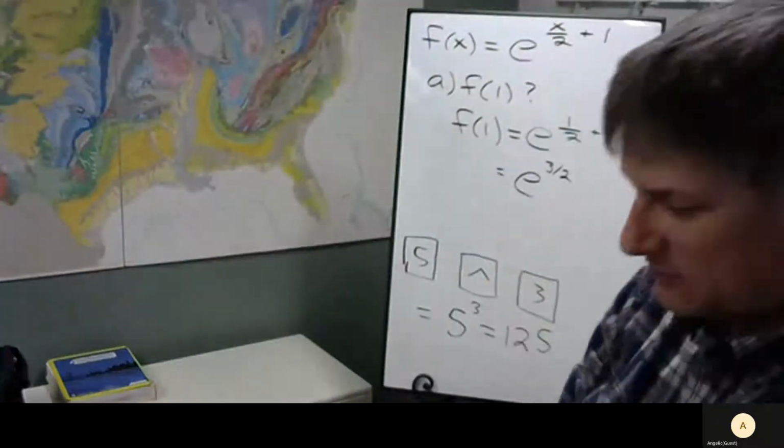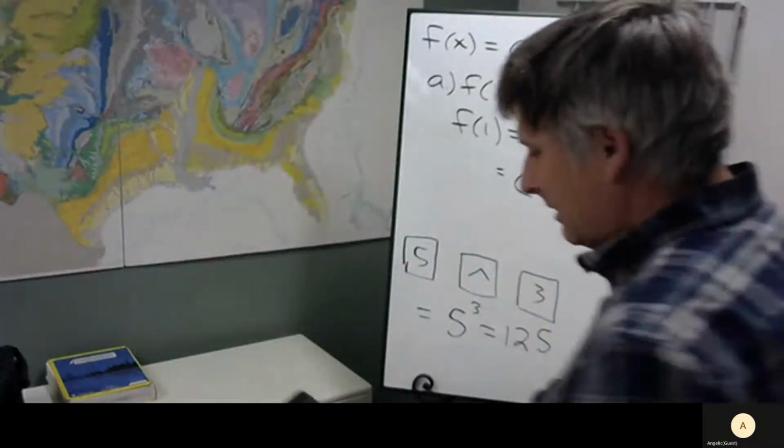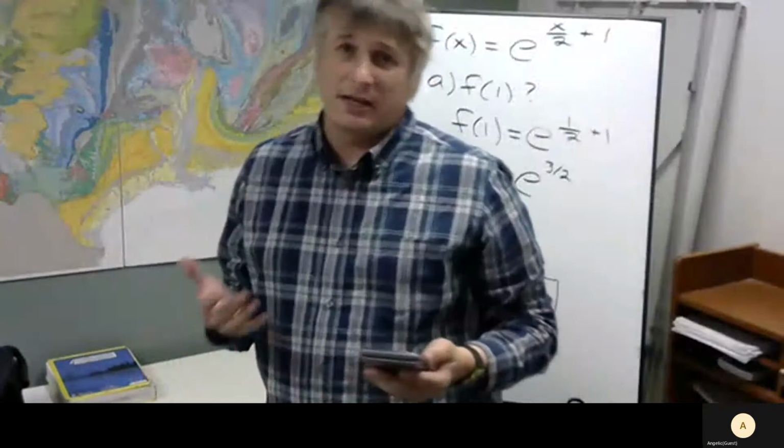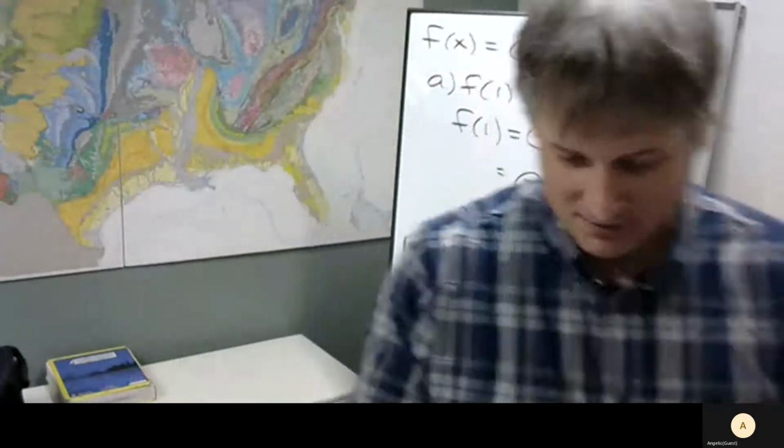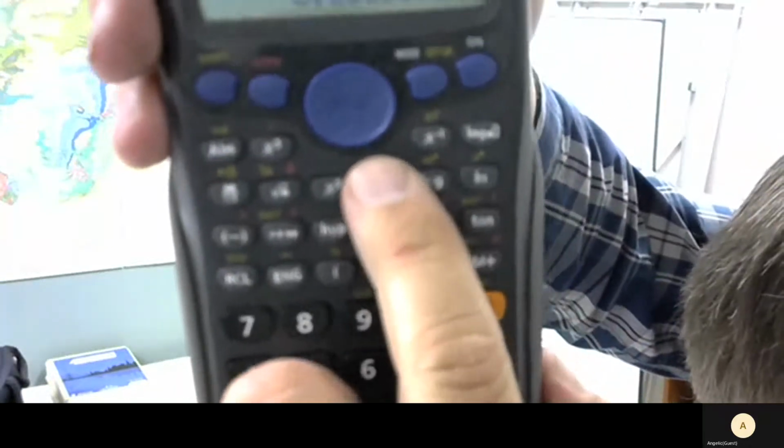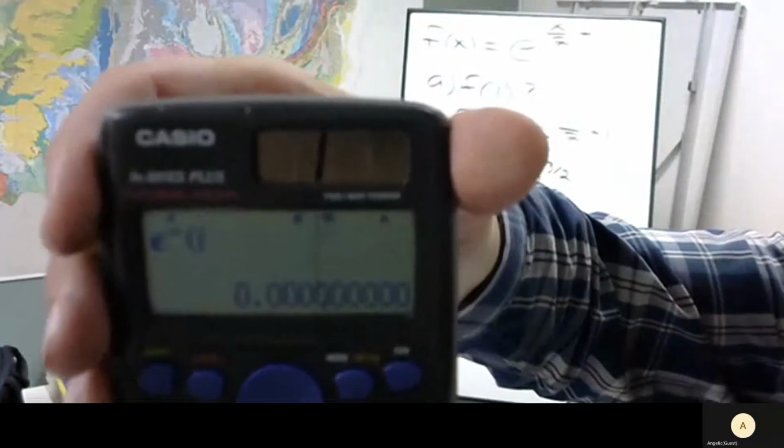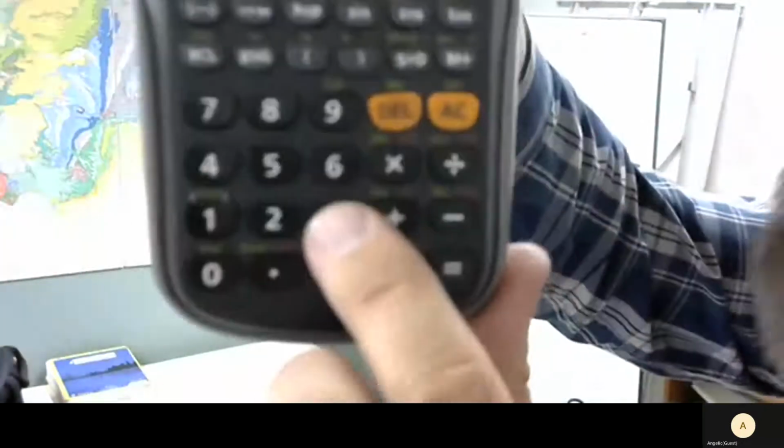If I want to do something with this E, like give it an exponent, then I got to use my X box. So there's my X box there. I'm going to press that X box button, and then you can see it's waiting. So to do 3/2, there's my 3.